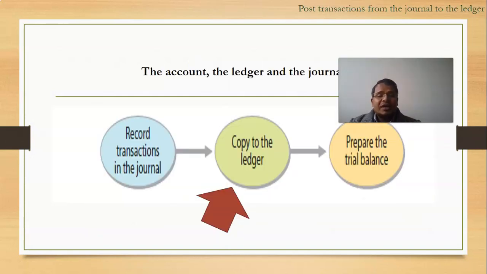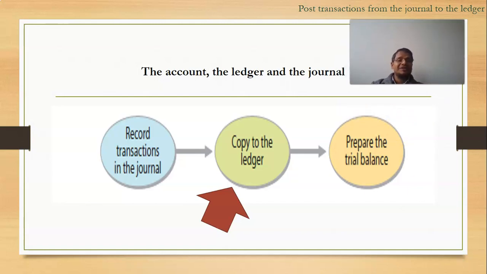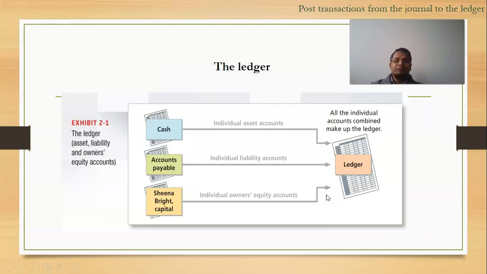So how can we transfer the transactions that we recorded in the journal entry to the ledgers? How can we classify the transactions? So there is classification, the second stage. All the related transactions of a particular account should be classified under a particular ledger.